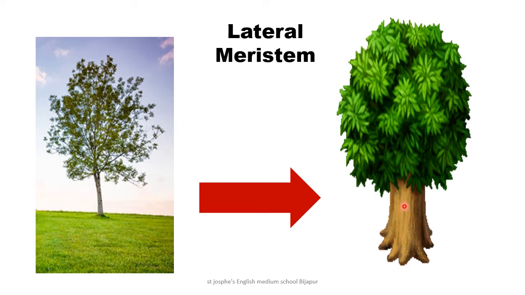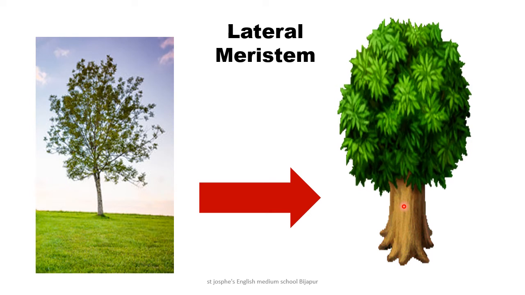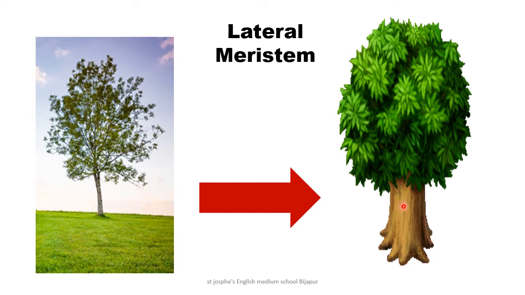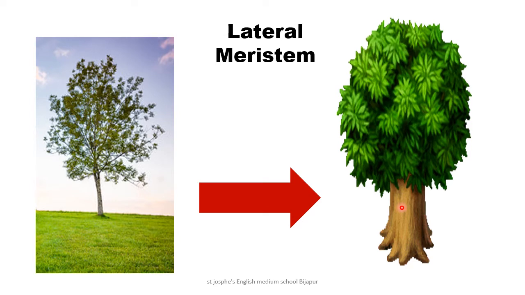When the plant has attained its maximum vertical height, then some permanent tissues which have lost the ability to divide and grow any further convert to form the meristematic tissue, and these meristematic tissues, because they have the property of division and growth, cause the lateral growth.